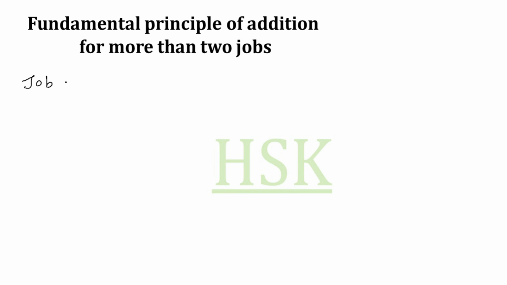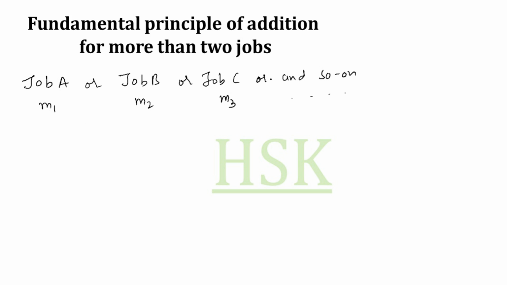If we have job A, job B, job C, and so on, a large number of jobs, where job A can be completed in M1 ways, job B in M2 ways, C in M3 ways, and so on, then the total number of ways of completing job A or B or C and so on would be equal to the sum, that is M1 plus M2 plus M3 and so on.